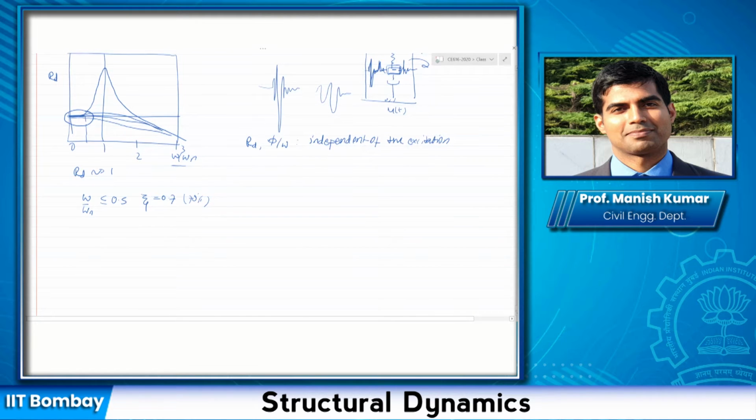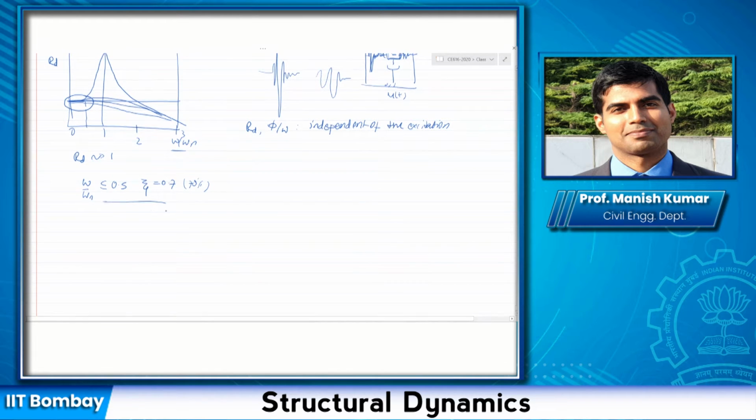For this combination, my R_d is equal to 1. So if I have an accelerometer which satisfies this criterion, then it can measure the acceleration without depending upon the excitation frequency.